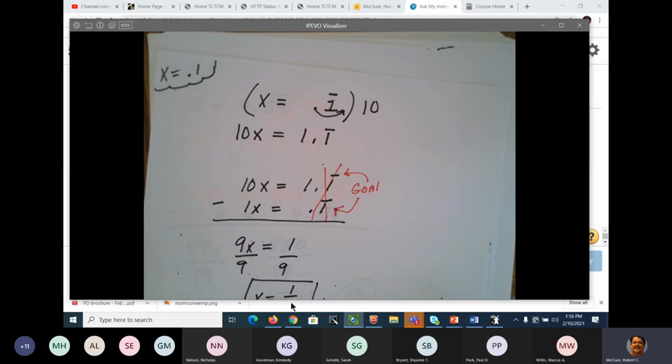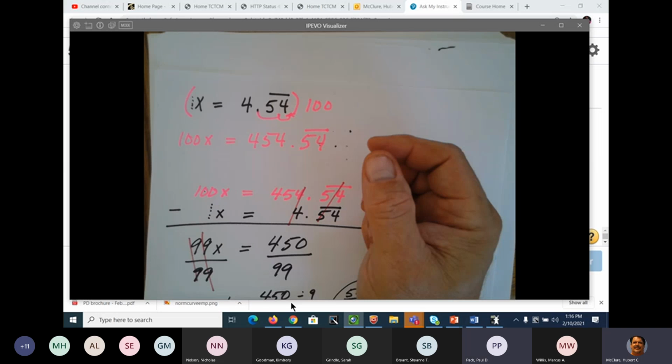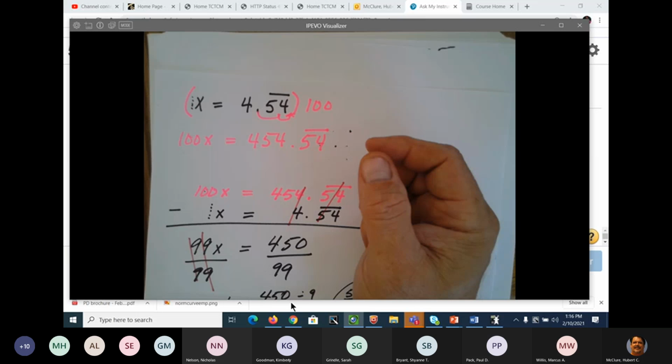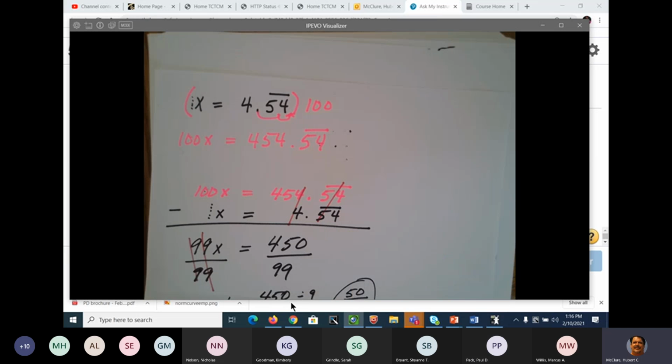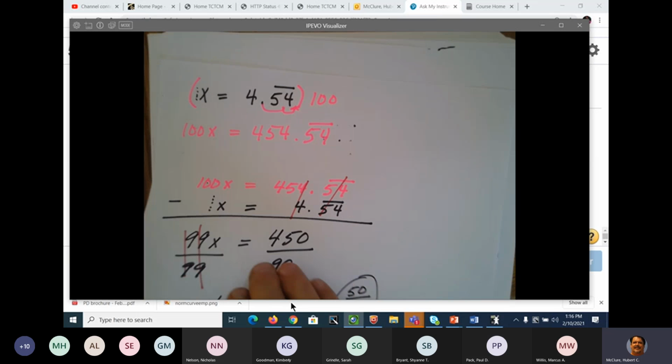If it starts with a 100th, you multiply by what? 100. Okay, what if it started with a 1,000th, like 0.541 repeating? You would multiply by 1,000 on both sides. Okay? So hopefully that helps you out with those.